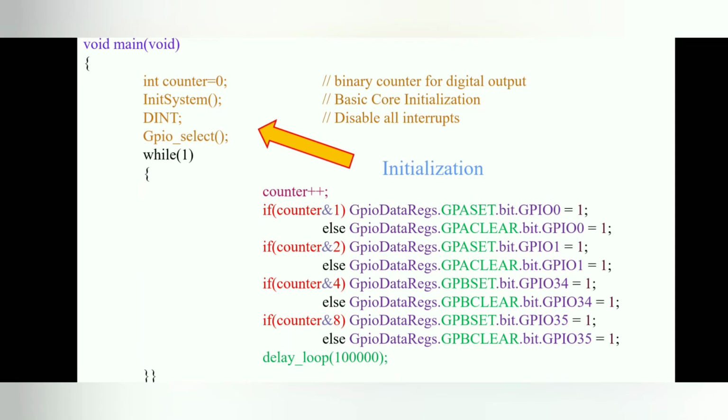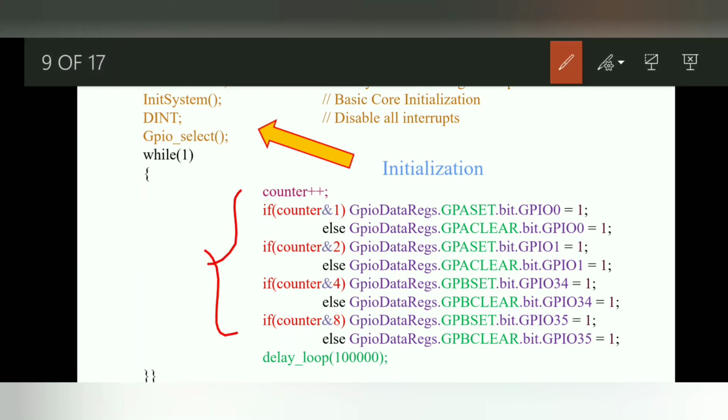Now we'll come to the explanation. Our counter will be counting with plus plus. If the counter AND-ed with 1 condition is true, we are going to set or clear the pin.